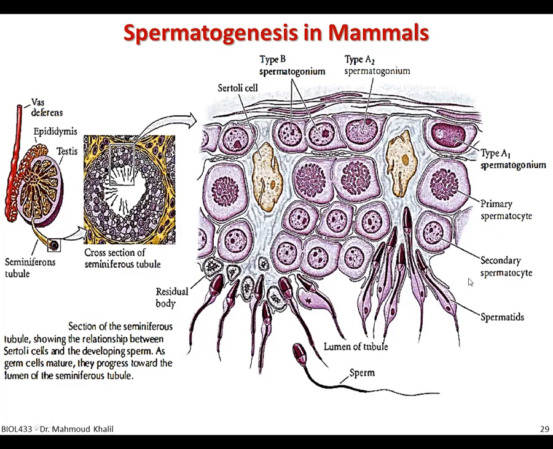After the first meiotic division, it will go into secondary spermatocytes that give rise to spermatids. You can see the spermatid with some amount of cytoplasm, and soon after the casting off of the cytoplasm, you can see the functional sperm in the lumen. This sperm is nourished and supported by the Sertoli cells.